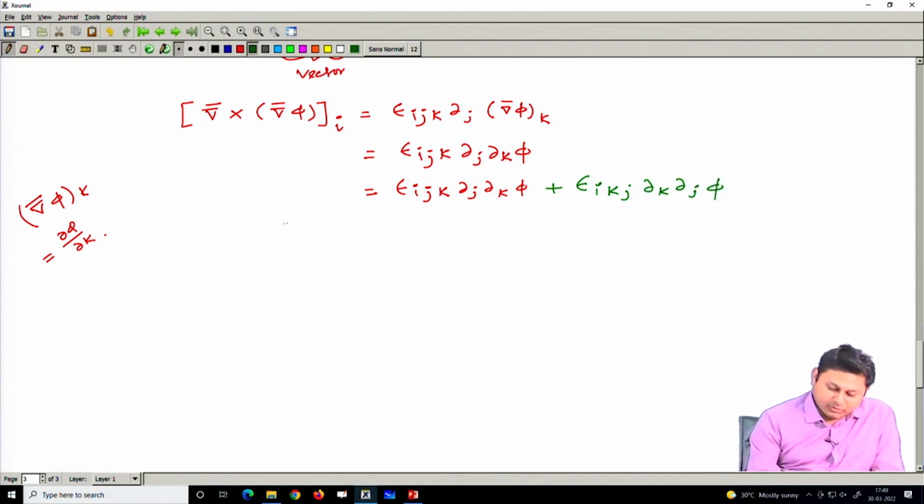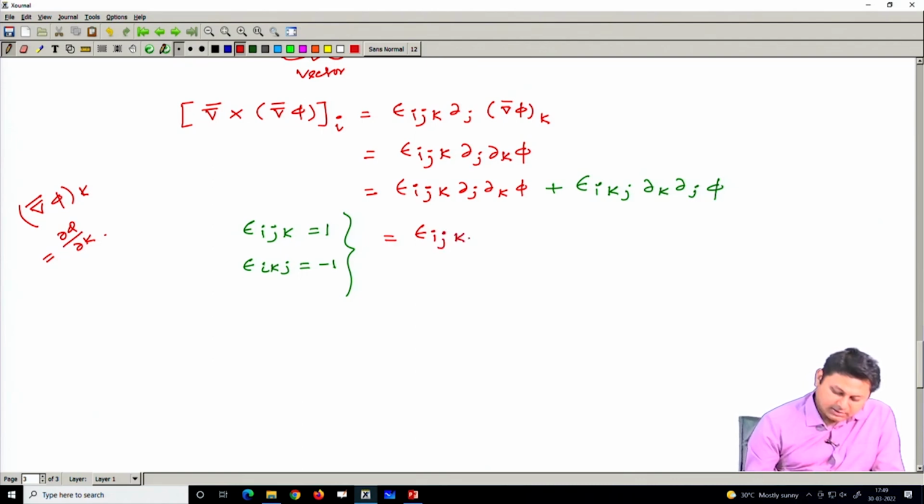Now, we know that epsilon i j k is 1, but epsilon i k j is equal to minus 1. So, this we know. So, we can write in the next line that this is epsilon i j k.